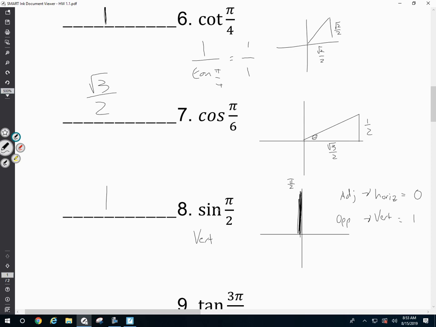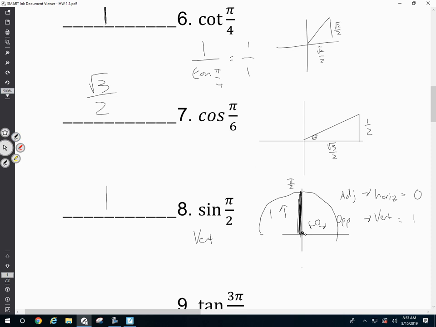Just sine, opposite, vertical distance, I'm going up 1 to get to this location on my unit circle. Pretend like we have a unit circle there. I will travel up 1 to get to pi over 2. I will not go to the right or to the left at all if you consider starting at the origin. The horizontal distance is 0, the vertical distance is 1. That's why the sine of pi over 2 is 1.